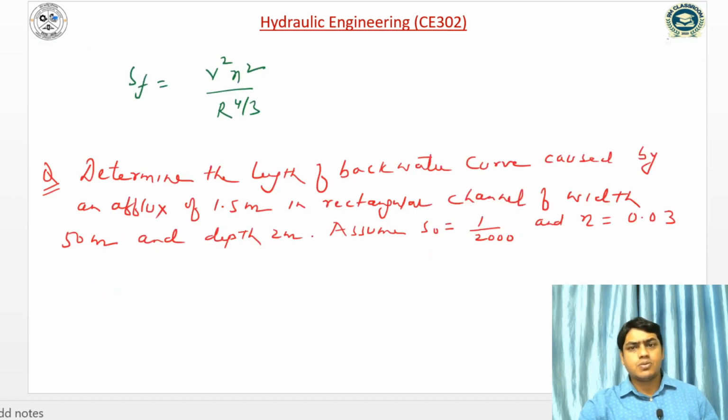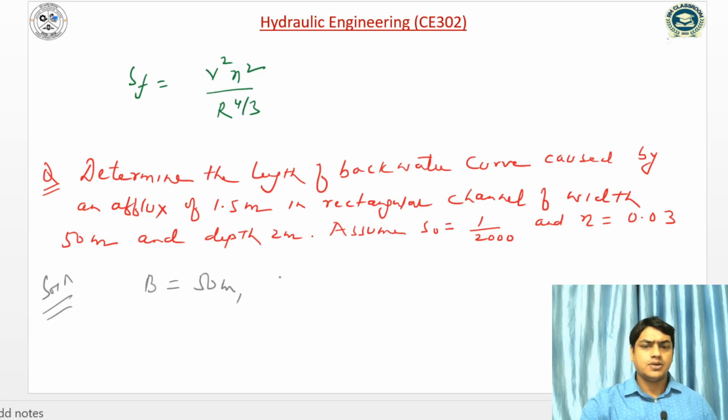So let us take one problem. Determine the length of backwater curve caused by an afflux of 1.5 meter in a rectangular channel of width 50 meter and depth 2 meter. Assume S0 is 1 by 2000 and Manning's roughness is 0.03. So here width is given, that is 50 meter, and initial depth is 2 meter.